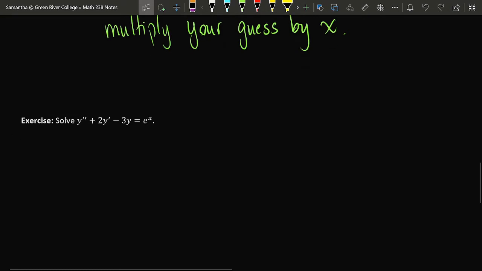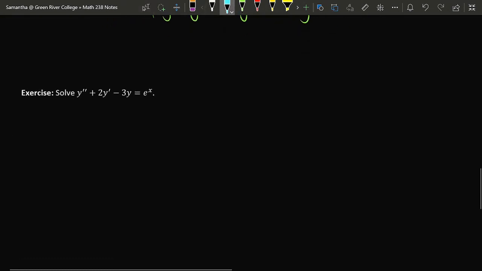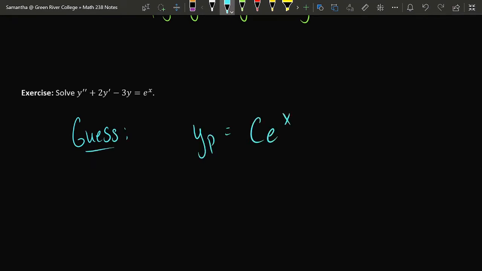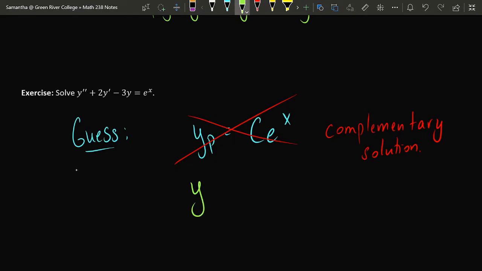For example, in this exercise, I'm going to guess not y_p = c e^x. I'm going to reject that guess because that is the same thing as one of our complementary solutions. Instead, I'm going to take my initial stab and multiply that by an x.